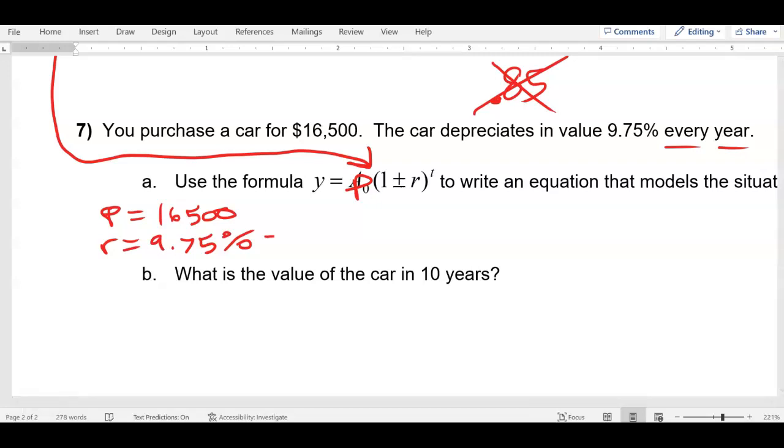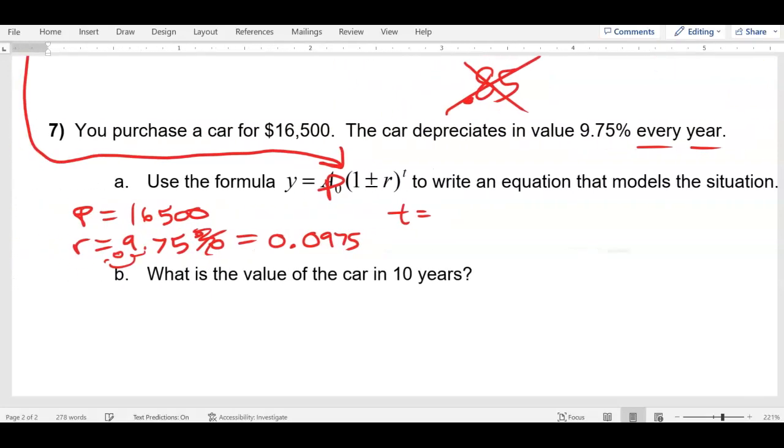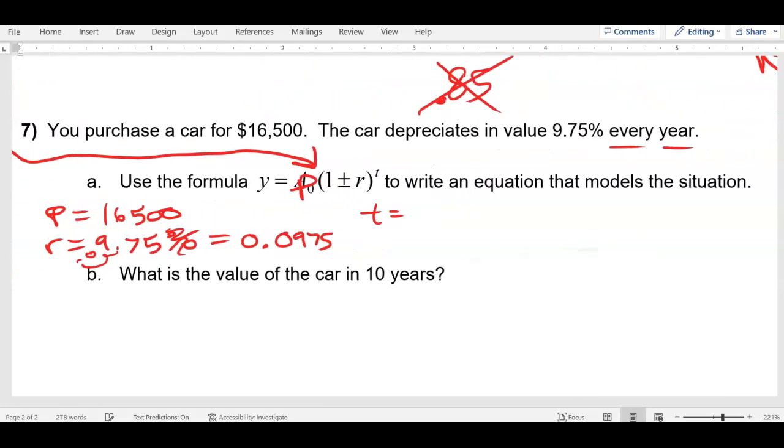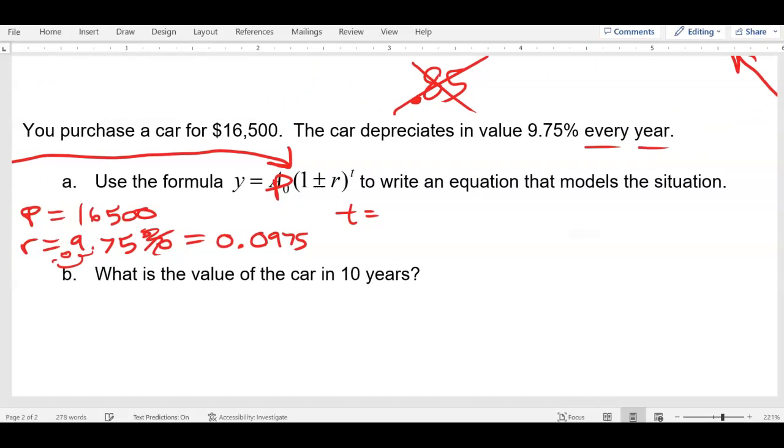Remember, I want to move the decimal 2 to the left and get rid of the percentage sign, so it's 0.0975. That's my rate. And then my T, my time, that's what's missing.